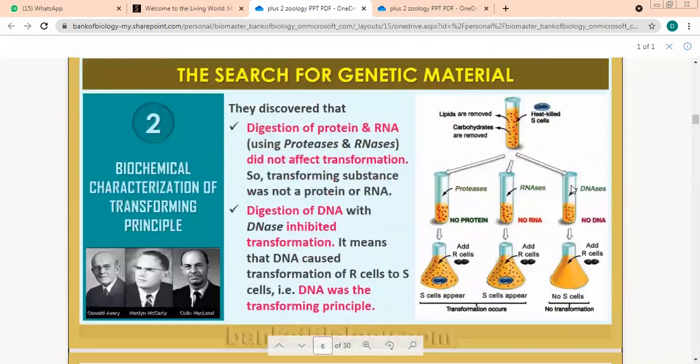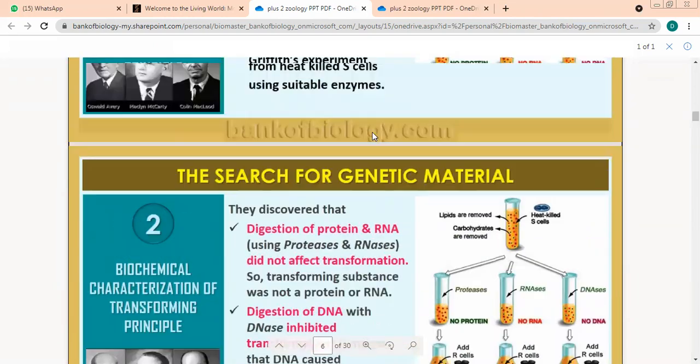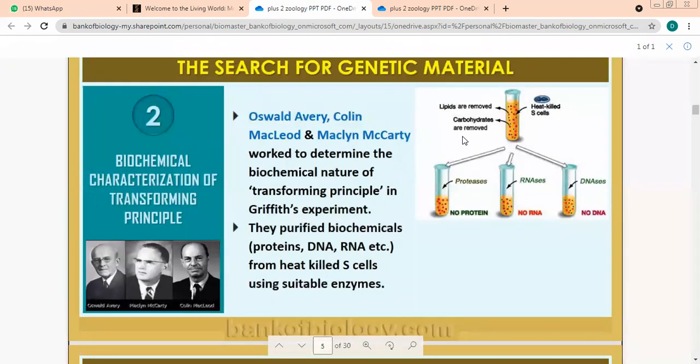What did they do? They used special enzymes, proteases and RNases. See over here, we take this heat-killed S strain. I'll tell you about the heat-killed S strain once you join again. Others know about it. And we remove two things from it, lipids and carbohydrates. Now only three things are left: proteins, DNA, and RNA.